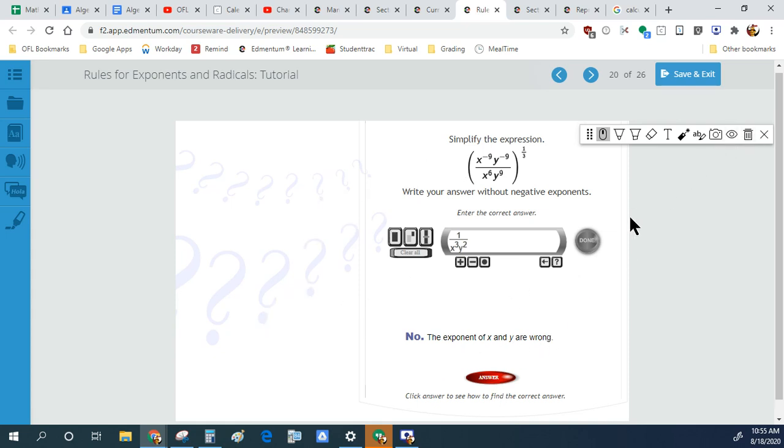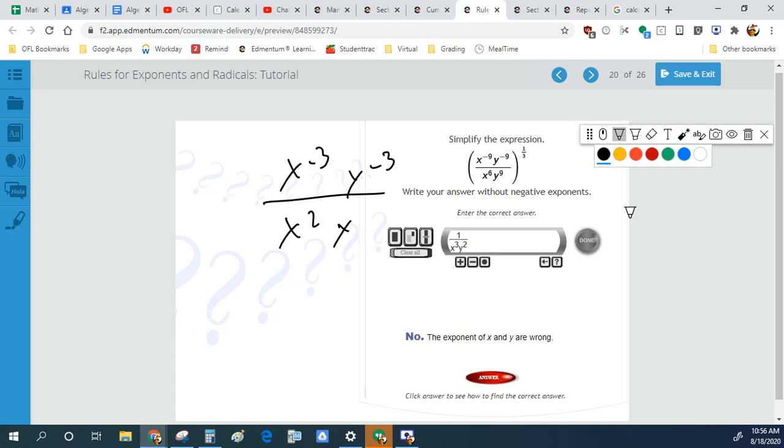There we go. No, the exponents are wrong. What is going on here? Why are you yelling at me, Adventum? Minus 3. Minus 3. 2. 3. Minus 2. X to the 5.